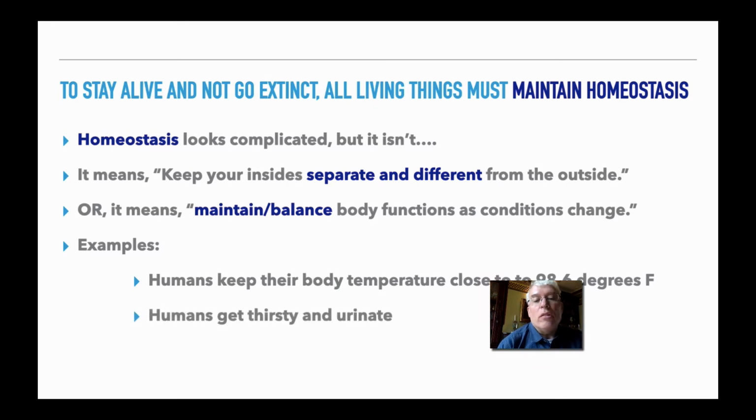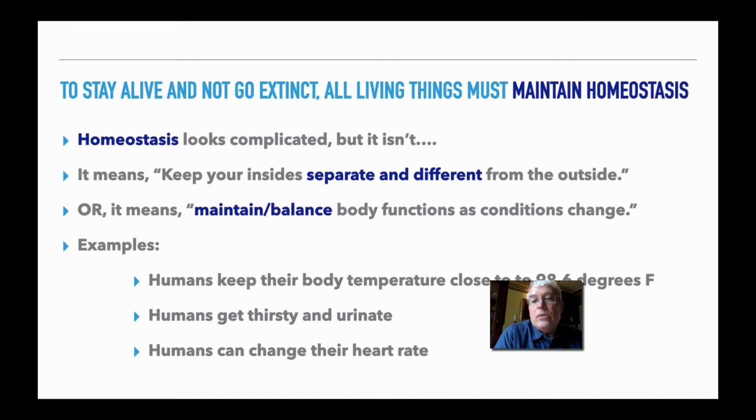Okay? Humans also maintain an internal balance of liquids, especially water. So if your body is low in water, you get thirsty, and if your body is carrying too much water, your kidneys will switch on and you'll make more urine, so you'll have to urinate. And a third example is your heart rate. Now, heart rate is not something that stays the same or balanced.